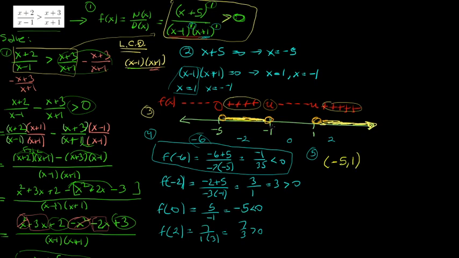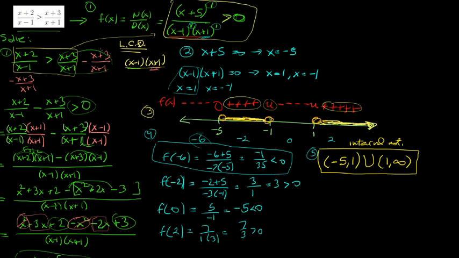We skip over -1 to +1, and we join the union with this interval from 1 to infinity, but not including the 1, so parentheses. So that's our final answer. That's the interval notation for the solution set for this example here.